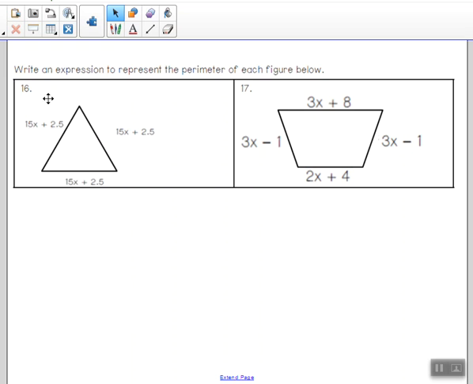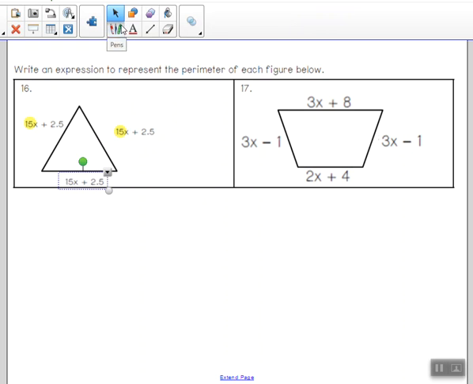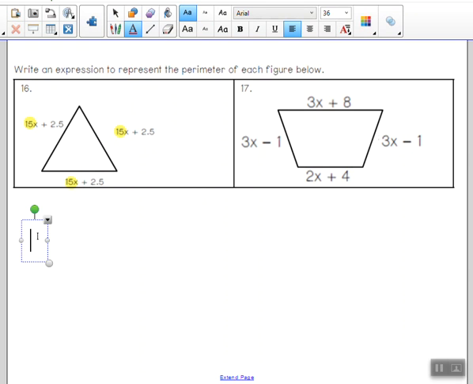Now, I can work this through by realizing that I have some like terms here. I have a 15x, another 15x, and a third one. So if I add those together, 15x really 3 times, I get 45x. So that's part of my answer, 45x, but that's not the only part of my answer because I also have this 2.5, 2.5, and 2.5.